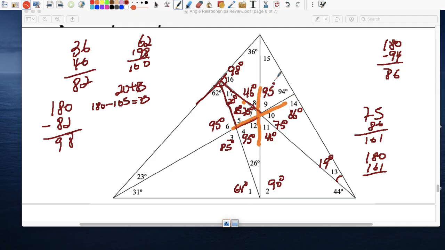Well, and then I think the last angle is angle 15. Can we find out what angle 15 is? Well, we have a triangle again. We have a 95 degree angle, a 94 degree angle. And I messed up somewhere.